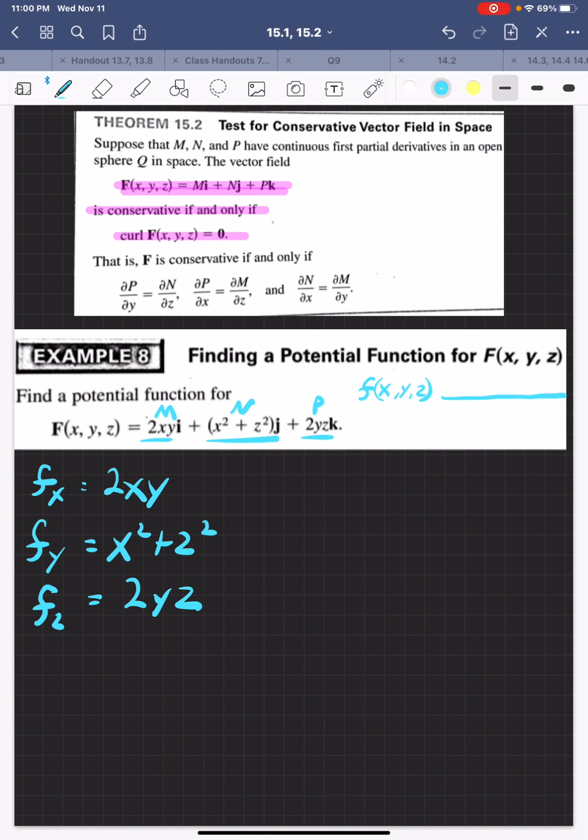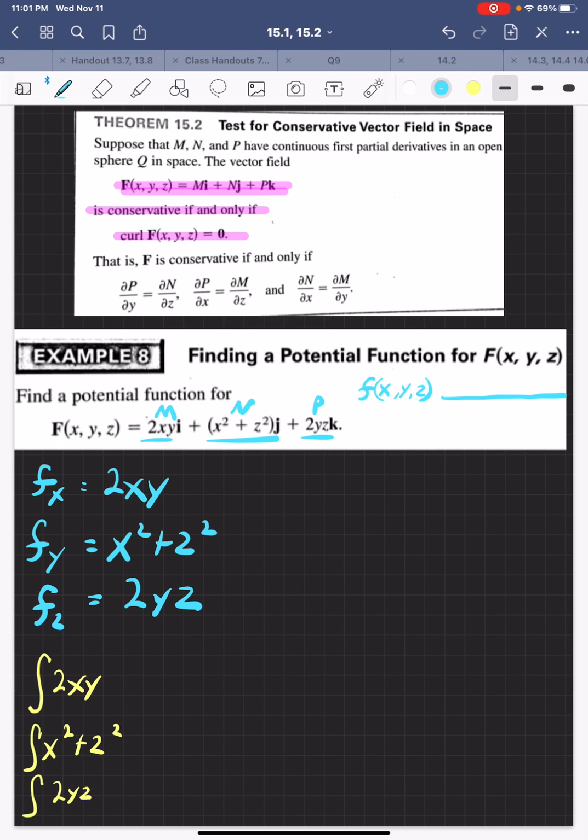So you should start to anticipate now. Since we have the partial derivatives, we are going to need to integrate to be able to build the function. So we're going to want to integrate 2xy, x squared plus z squared, and 2yz.